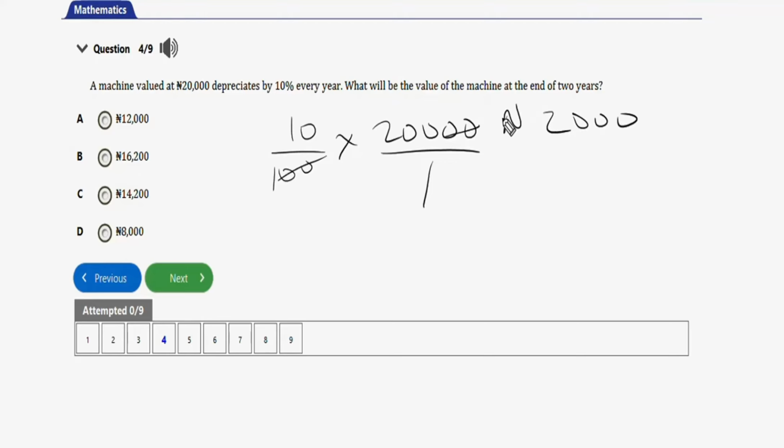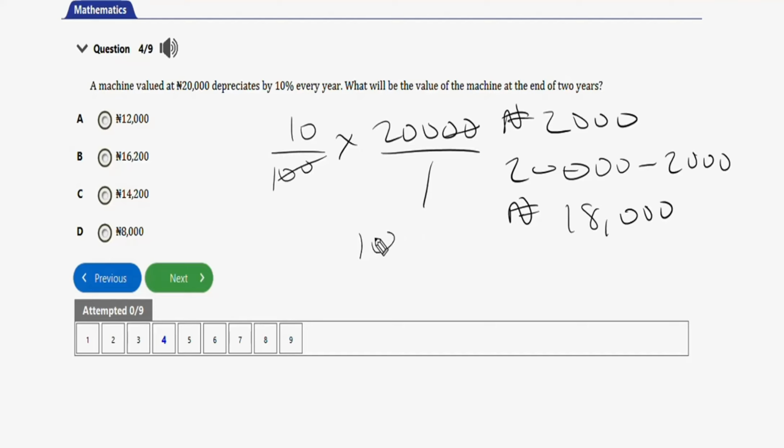Okay, naira. So the value after depreciation by 10% in 1 year will be 20,000 minus 2,000. So we're going to have 18,000 naira. For the second year, depreciation by 10% means you find 10% of 18,000.